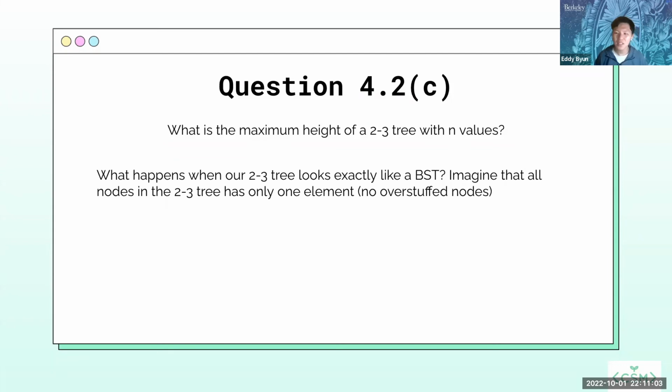Well, you can imagine that if we have a 2-3 tree where all nodes have 2 values in them, then the height of that tree is going to be smaller than a 2-3 tree that has the same amount of nodes, but with only one element in them.